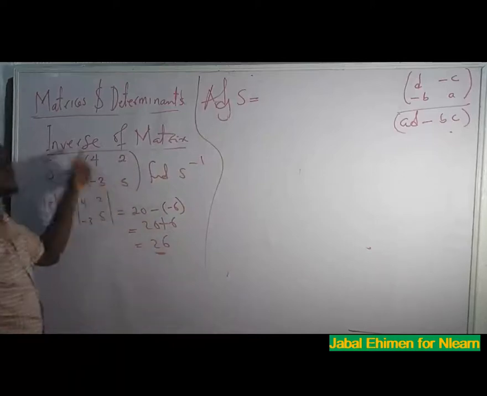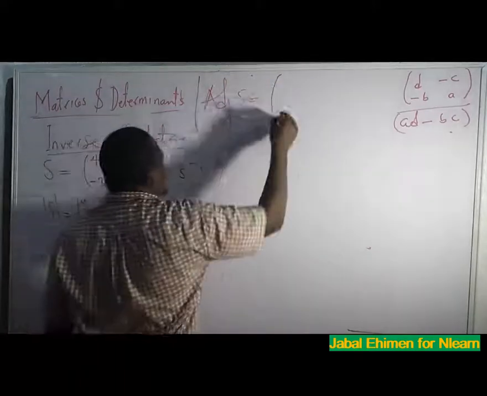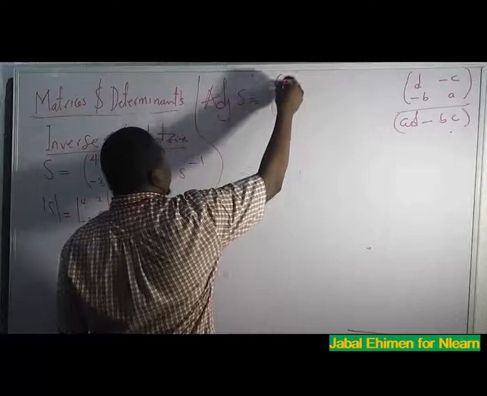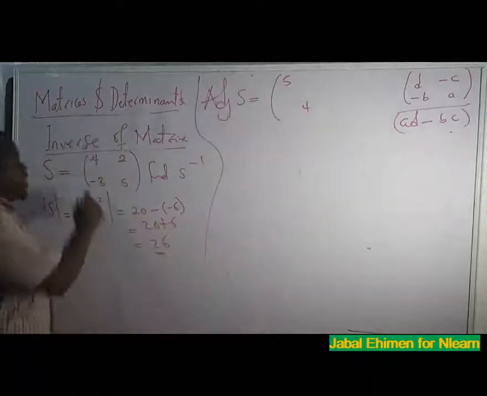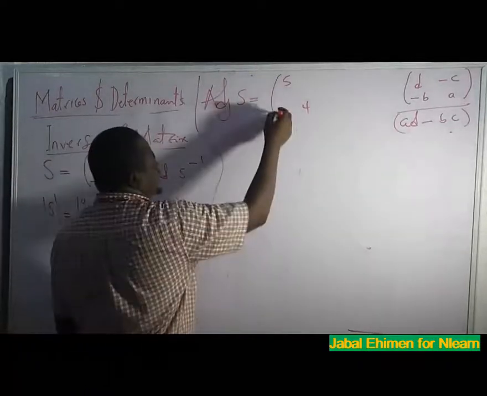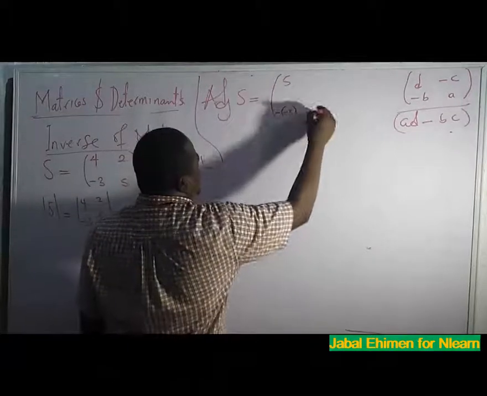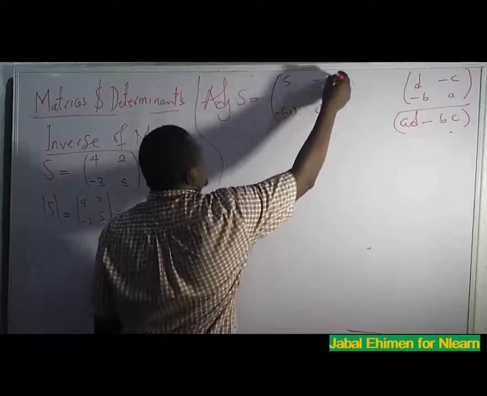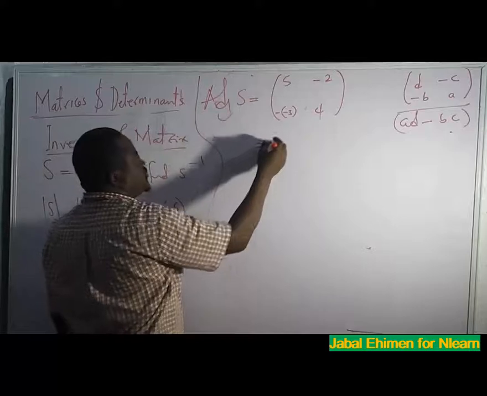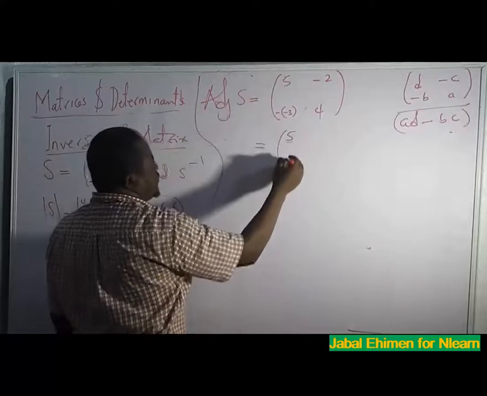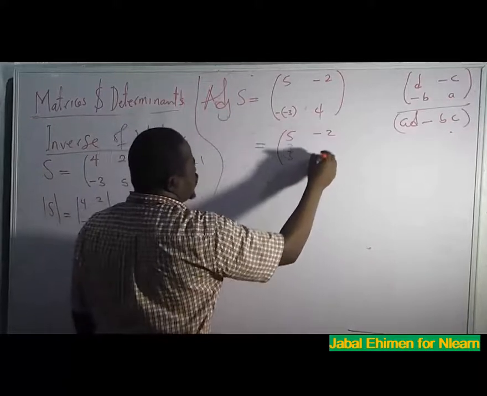You reverse the principal diagonal, which will give us 5, 4. What happens to the others? You apply the minus sign: minus sign to minus 3, minus sign to 2. So the adjoint becomes 5, 3, minus 2, 4.